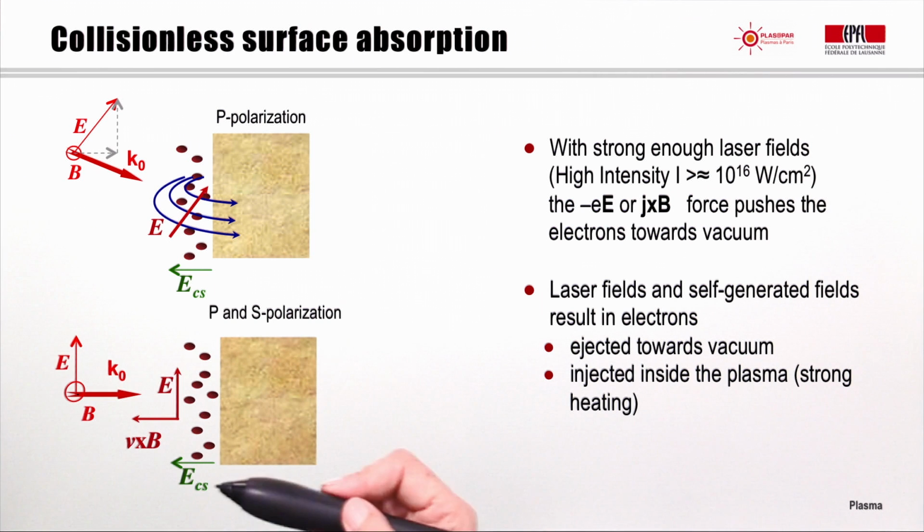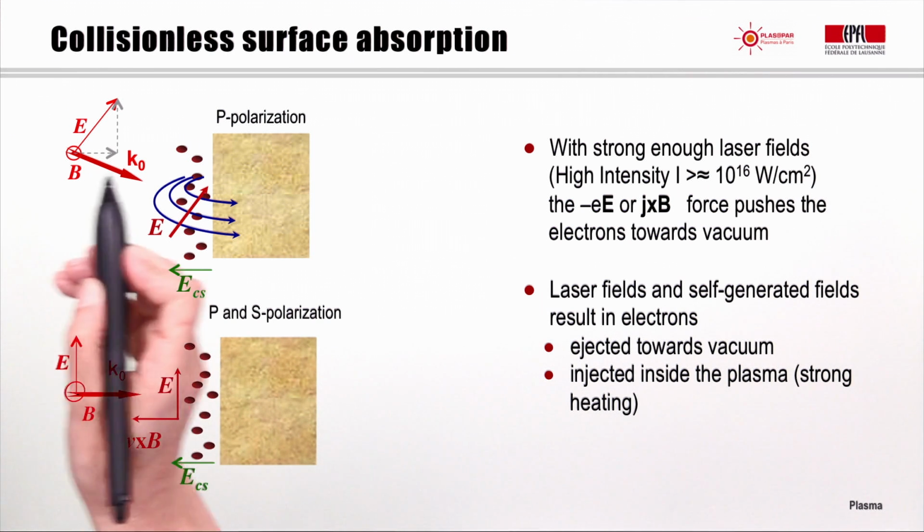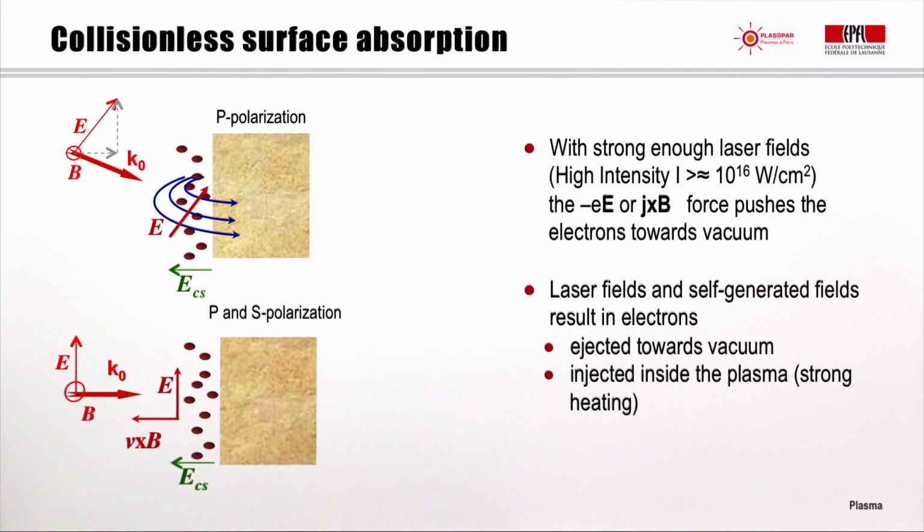This component will act in the same way as the Z component of the electromagnetic field, pulling them out and in. When they're out, there is the space charge field that pulls them back in, and again we have a strong heating.